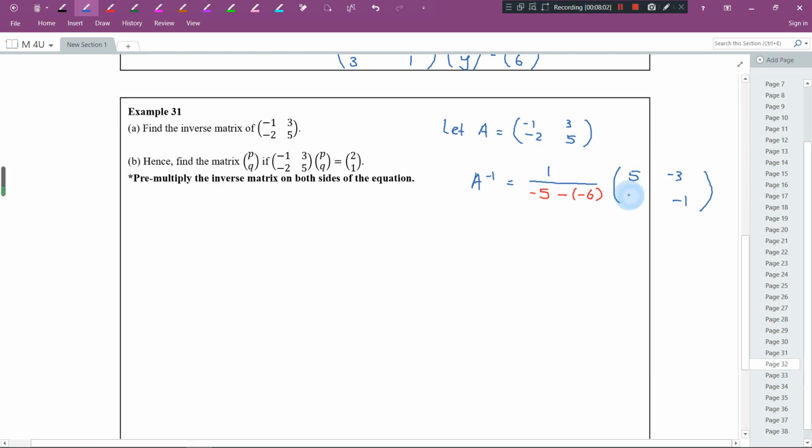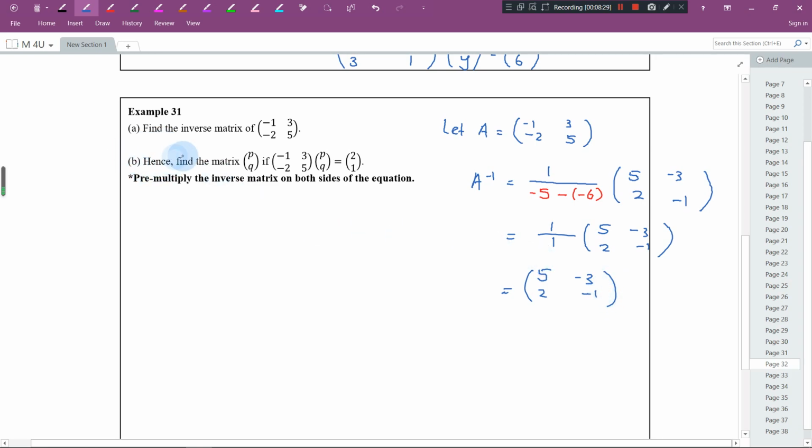So this is negative 5 plus 6, which is equal to 1. Okay, so the inverse matrix of this matrix is 5, negative 3, 2, negative 1.